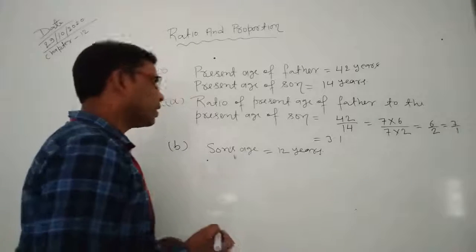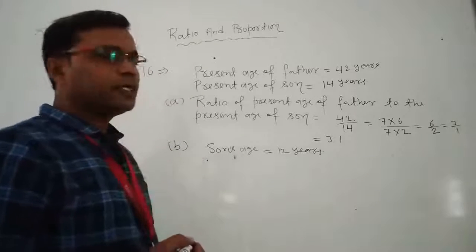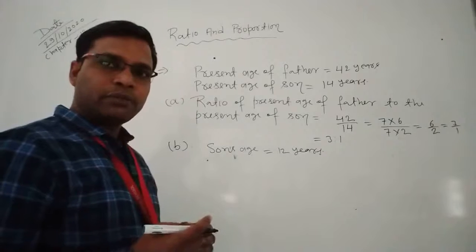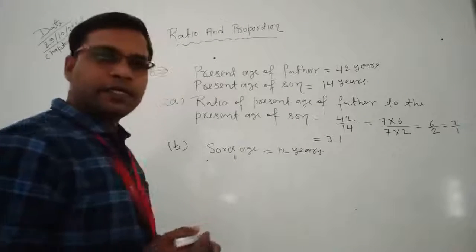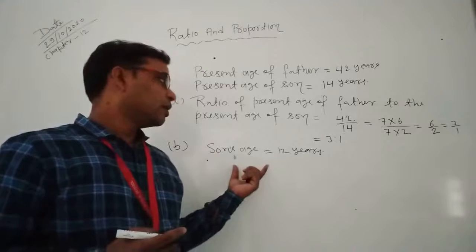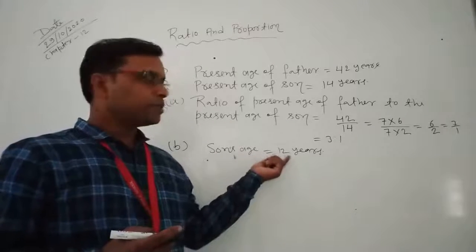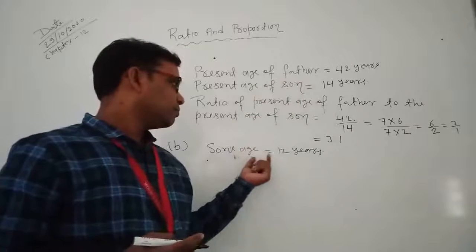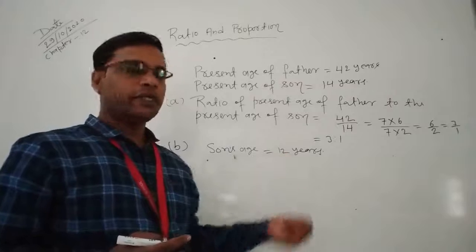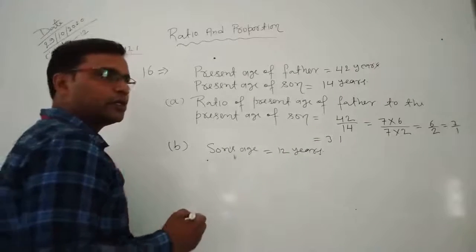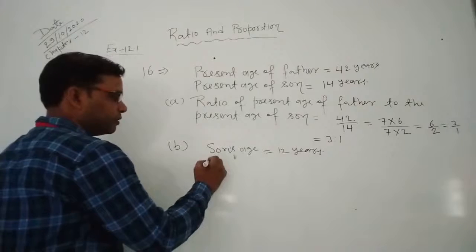So also we find the father's age before 2 years. Here we find the son's age before 2 years, because present age of the son is 14 years. So son's age before 2 years is 12 years. Now we find father's age before 2 years.